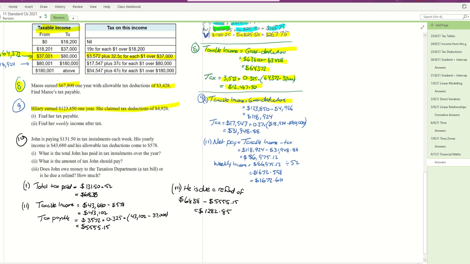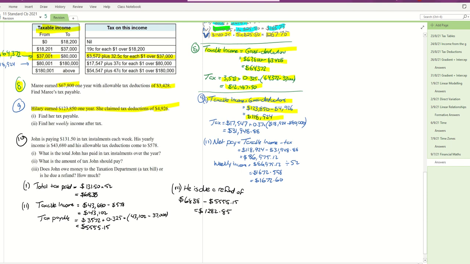Now this next one is very, very similar. Hillary's earned $123,850 per year. We need to find her tax; she's claimed tax deductions of $4,928. We need her taxable income before we can do anything. 123,850 minus 4,928.